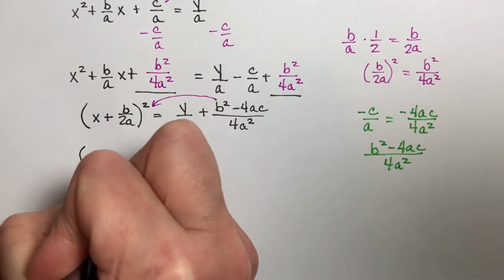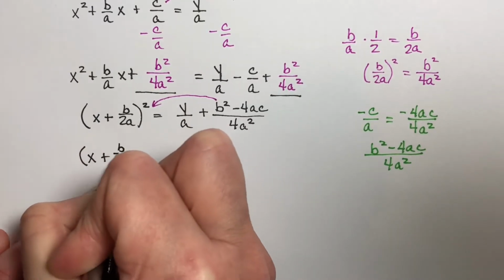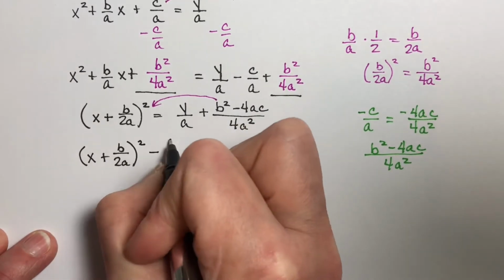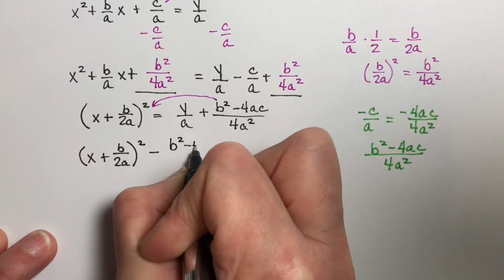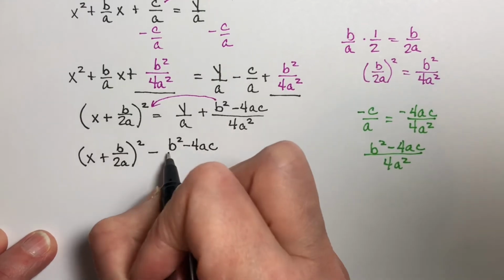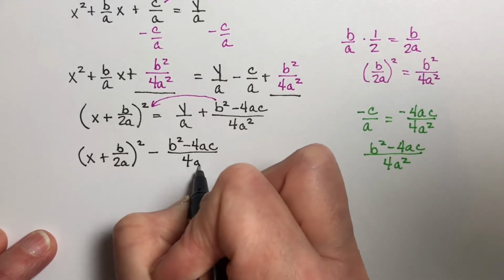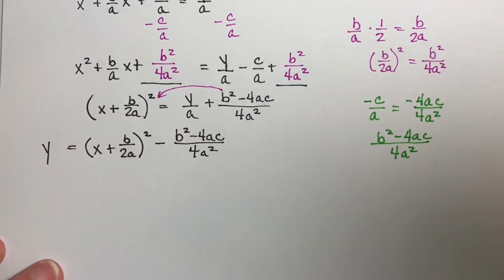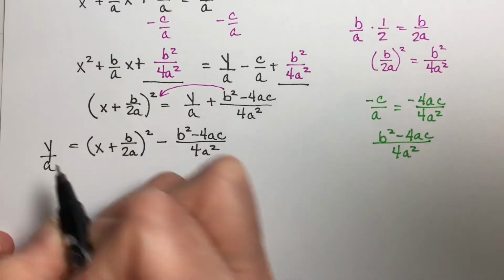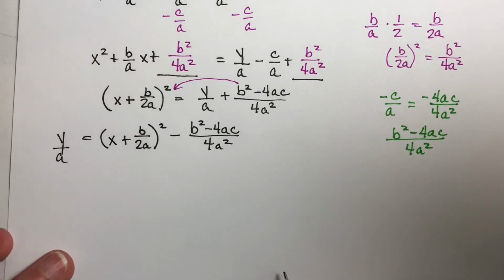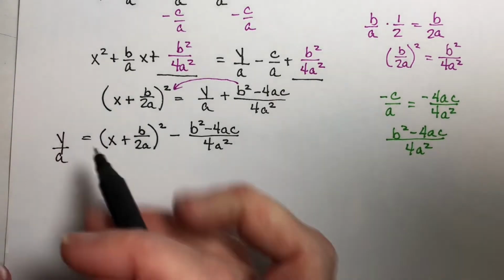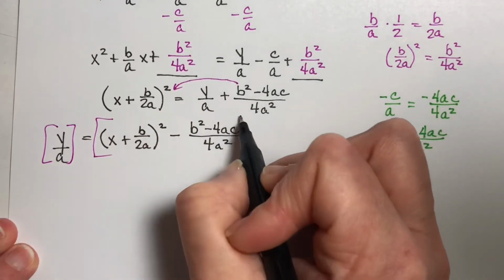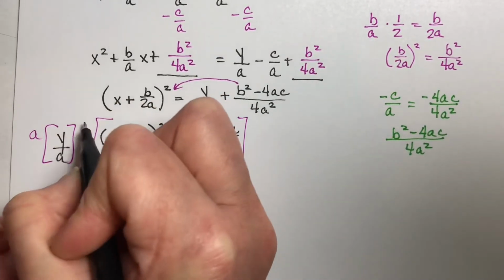So I have (x + b/2a)² minus this whole thing, (b² − 4ac)/4a², and I'm just going to turn my equation back around. This is equal to y/a. And then the last thing I need to do is multiply both sides by an a, which means multiplying this entire thing by an a.